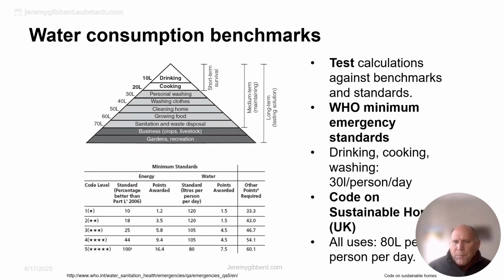You can also look at benchmarks. So there are some very simple benchmarks from the WHO, very minimal amounts, 30 liters per person per day, particularly in dry areas and emergency situations. Another example is 80 liters per person per day, which is seen as best practice in the UK's Code for Sustainable Homes.